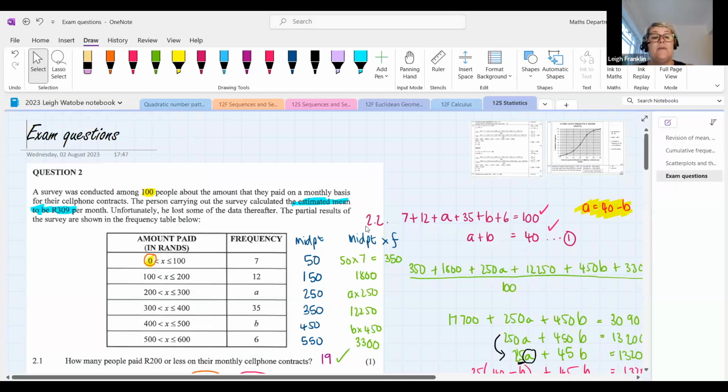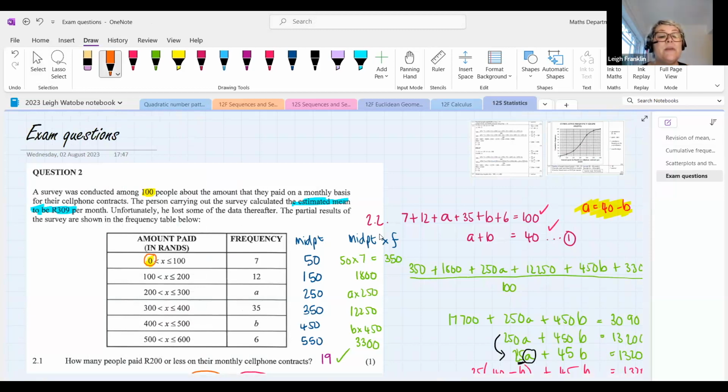The other thing that we need to calculate here, Matrix, is our cumulative frequency. Okay, they've given us frequency, but we don't have cumulative frequency. So what I'm going to do is I'm just going to slip it in over here. All right, so our cumulative frequency for this group would be 7. This would be 19, our running total. Okay, so we know that A was equal to 24 and that B was equal to 16.